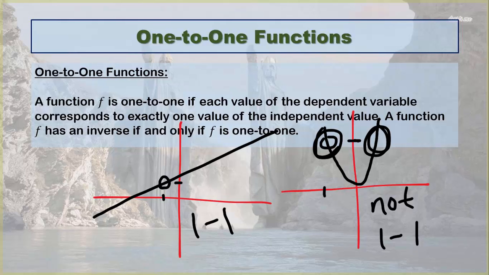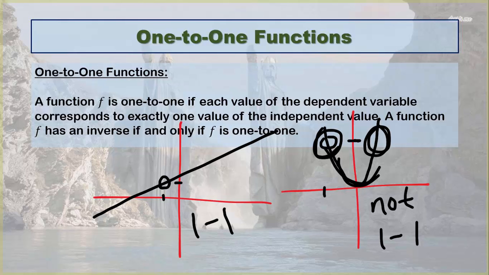Okay, and there are a bunch of one-to-ones, but it's more typical that a function is not one-to-one than it is one-to-one. Anytime you have any curving like this, you're going to have something that's not one-to-one.